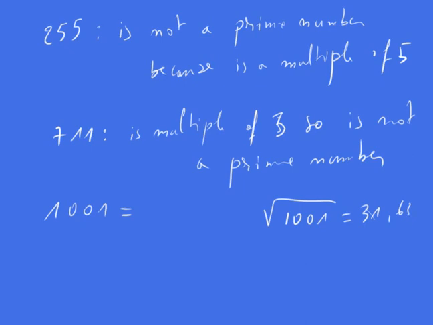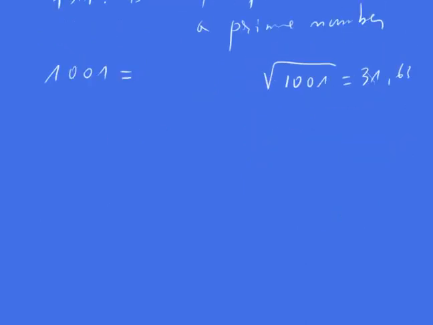So the prime numbers less than this square root are 2, 3, 5, 7, 11, 13, 17, 19, 23 and 29.